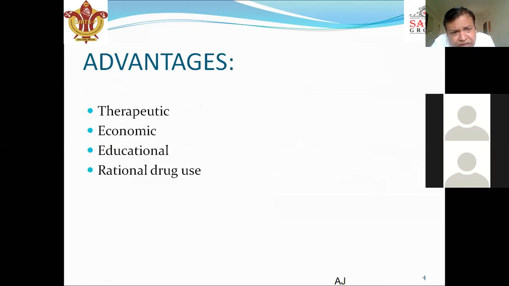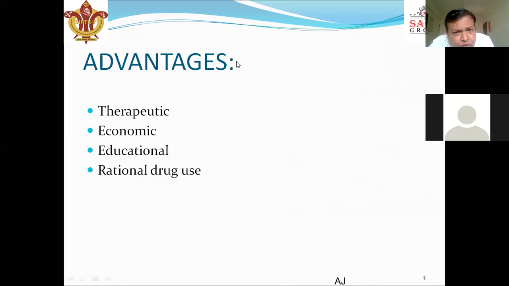Advantages of hospital formulary: that is therapeutic advantage, because all medicines are available in a hospital at any time. Economic: when you are purchasing in bulk, that is economic for the hospital also. Educational purpose: some new molecules, some new medicines are coming to the market, and when you include them in the hospital formulary, that is also good for your medical staff and pharmacy staff to get information regarding that particular new molecule.